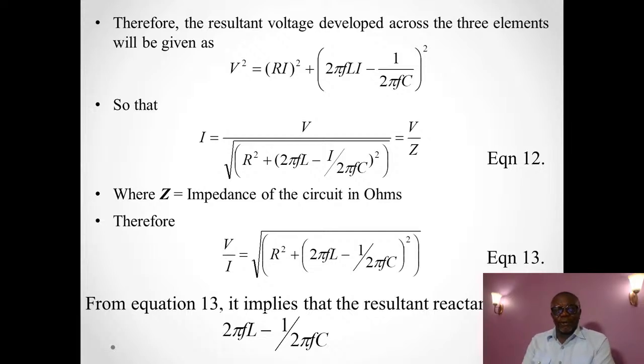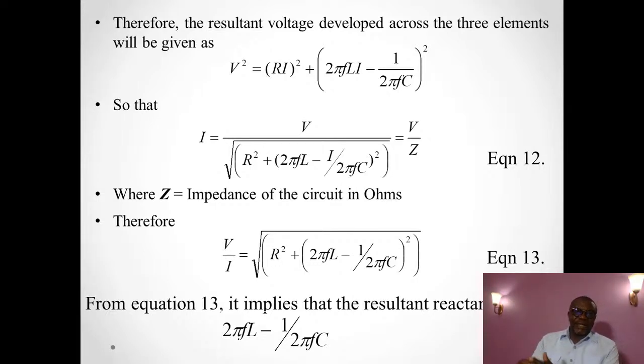If we solve that, we arrive at equation 12, which is the same thing as Ohm's law, which says that I is equal to V over R. In this case now, what we are having is the impedance represented by Z, because we now have not a pure resistance, not a pure ohms, but a number that has both the real and imaginary part.